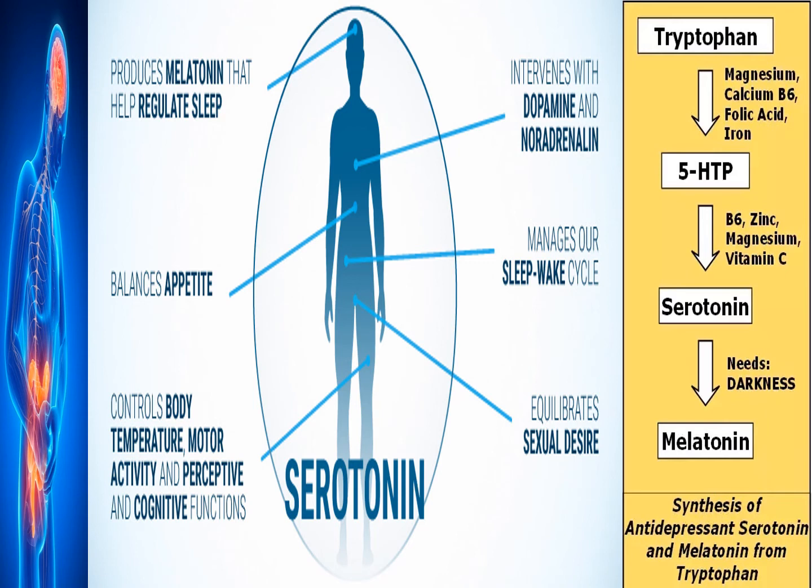Then the serotonin is the main precursor for the biosynthesis of melatonin that helps to regulate the sleep. And there are many physiological mechanisms through which our sleep wake cycle is regulated. One of them is through the melatonin. So how this melatonin gets biosynthesized, let us discuss here.